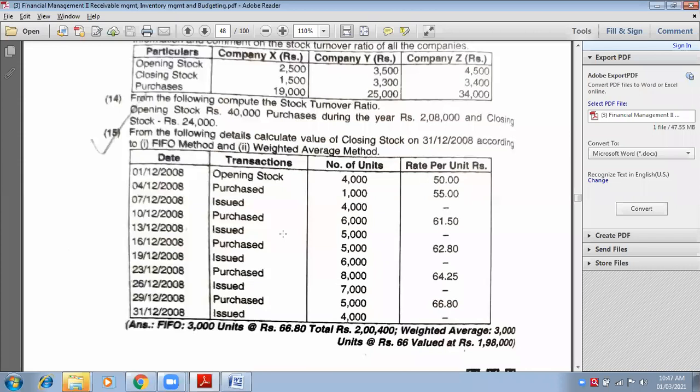The first part was stock levels: minimum stock level, maximum stock level, average stock level and reorder level. The next part was stock turnover ratio. The third part was stock valuation, FIFO method and weighted average method. And the fourth part still pending is EOQ, economic order quantity.